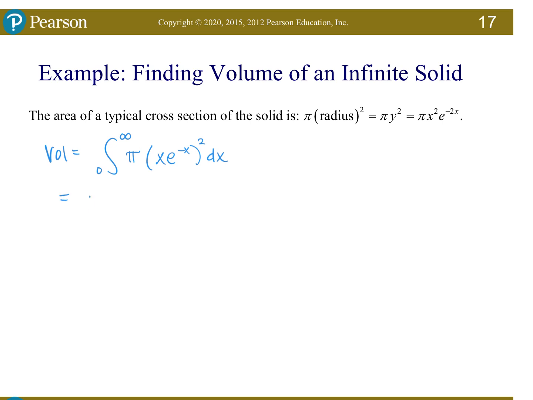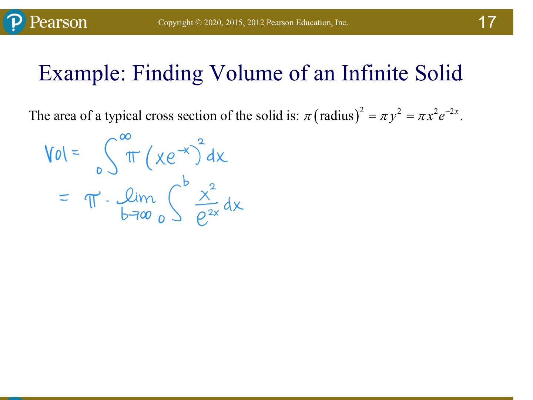So I would pull the pi out altogether. I'd set up the limit as b approaches infinity of the integral from 0 to b. And then when you square everything, you're going to get x squared on top and e to the 2x on the bottom.